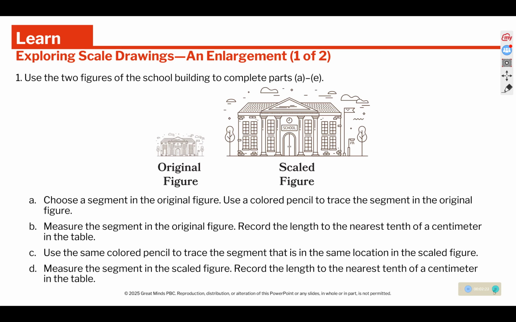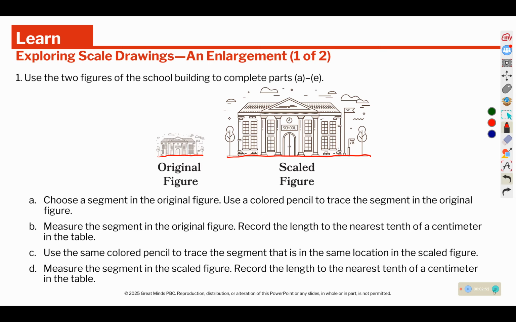In your book, it says to use the 2 figures of the school building to complete parts A through E. You're going to choose a segment in the original figure. Use a colored pencil to trace the segment in the original. So we're going to take, for example, these pieces, and we are measuring the segment in the original, recording that length in the table, which you'll see in the next part.